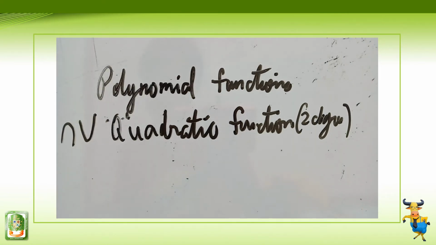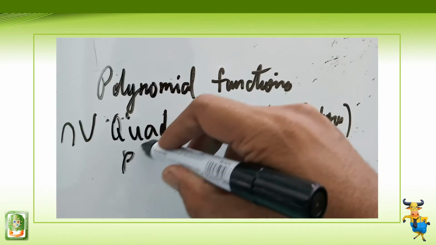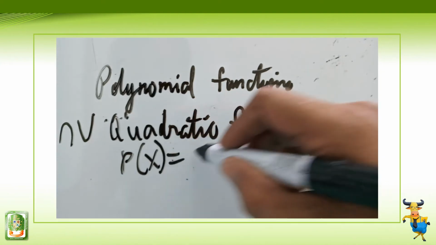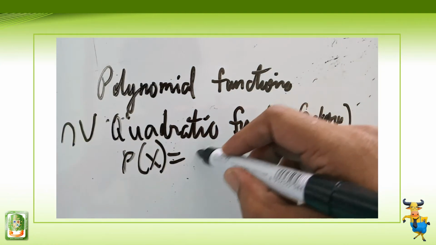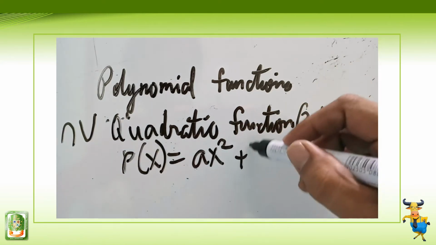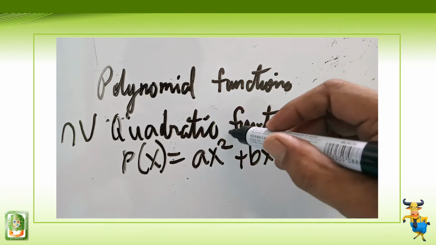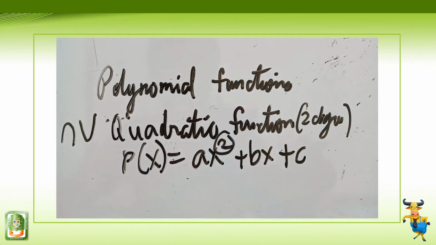Ano yung example ng quadratic polynomials? Ito po ang example ng quadratic: p of x is equal to ax raised to 2 plus bx plus c. Ito yun, naka-second degree. Yan ang tinatawag nating one of the types ng polynomial functions, the quadratic.